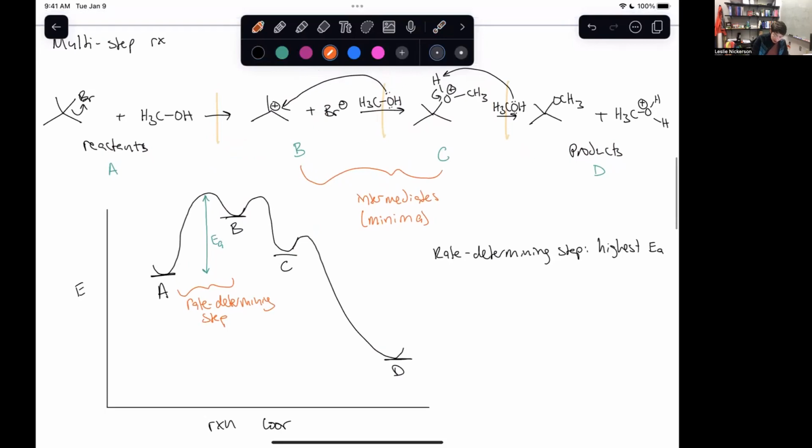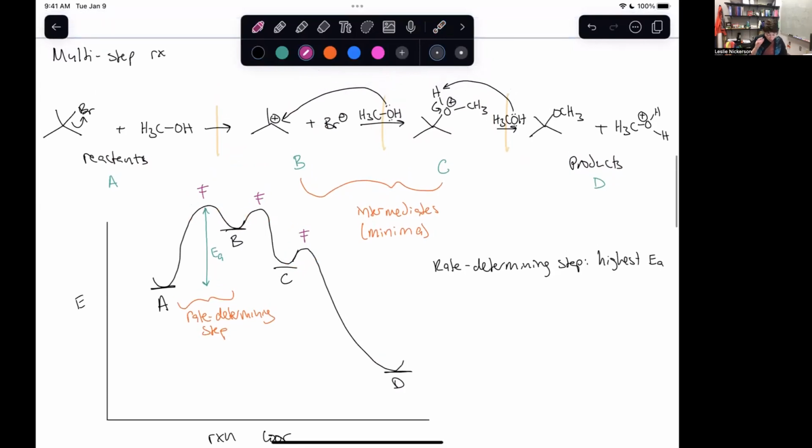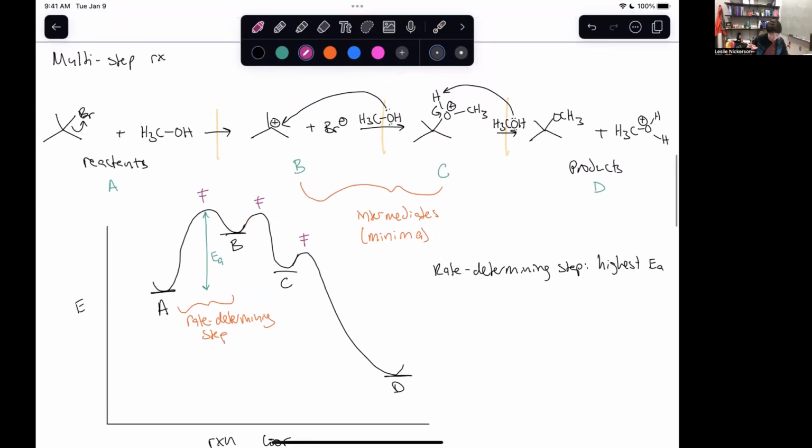At the top of each of these, remember at the top of our energy diagrams previously, we had these labeled with the double daggers indicating transition states. Those are all the same, so these are still transition states. This is literally the molecules as they are transitioning from one to the next.